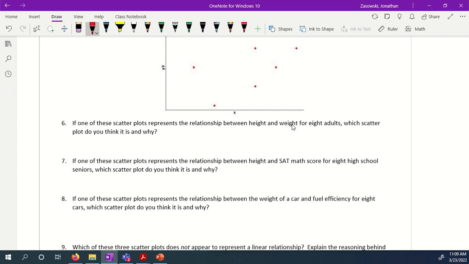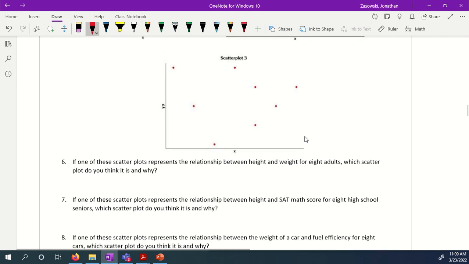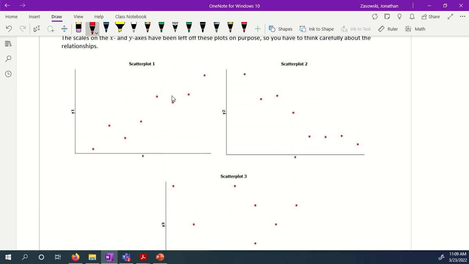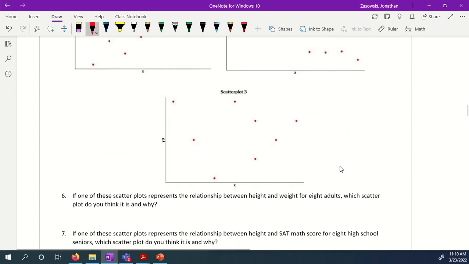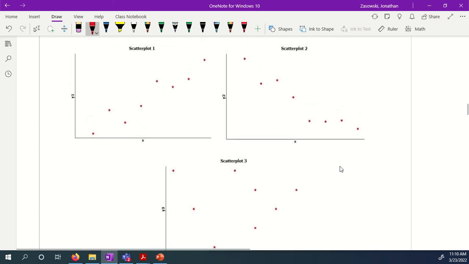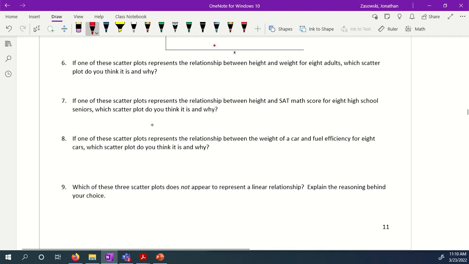If you have a taller person, would you think that the weight would be bigger as you get taller, or should the weight get smaller as you get taller? So generally, if someone grows, what happens to their weight? Generally, I would say that as the height increases, so should the weight. Not always. So we would say that this would be represented by scatter plot 1.